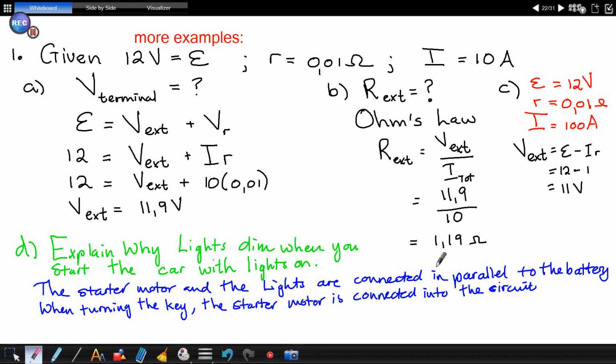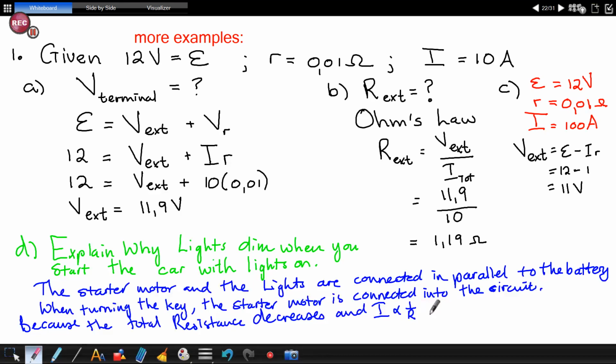Yes, because the total resistance decreases, and the current is, according to Ohm's law, inversely proportional to the resistance, the total current in the circuit will increase.